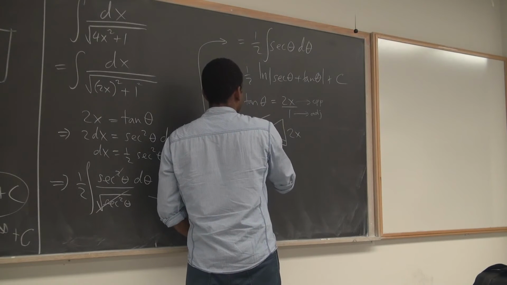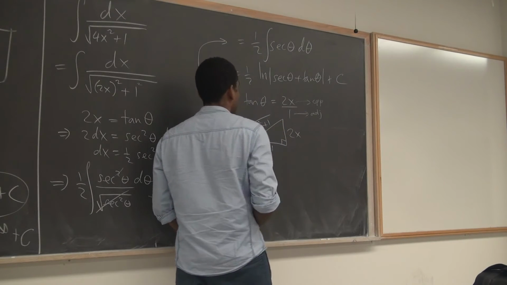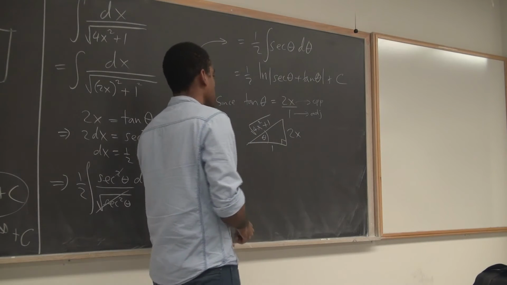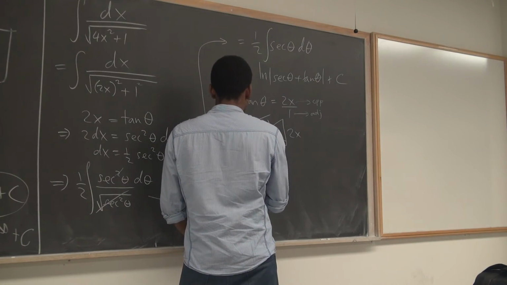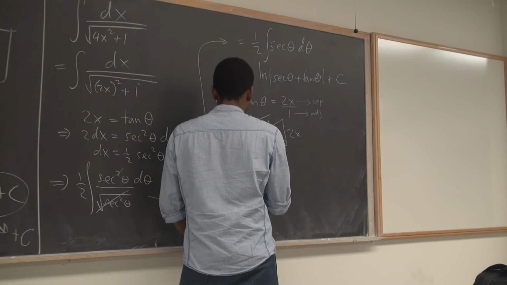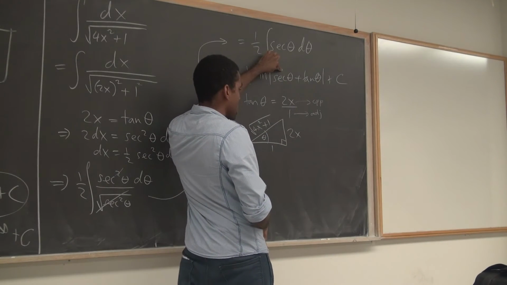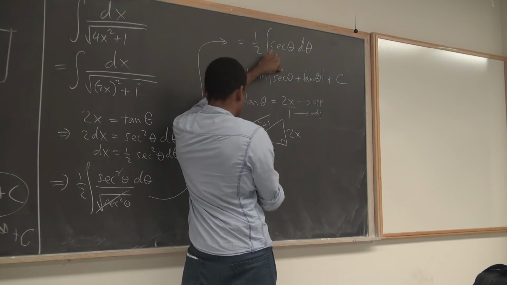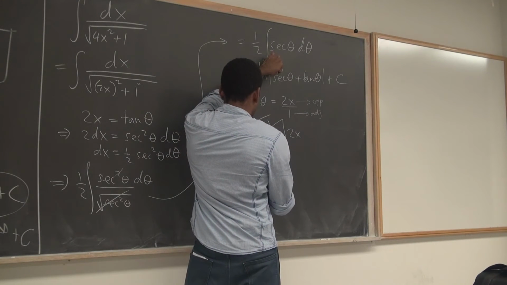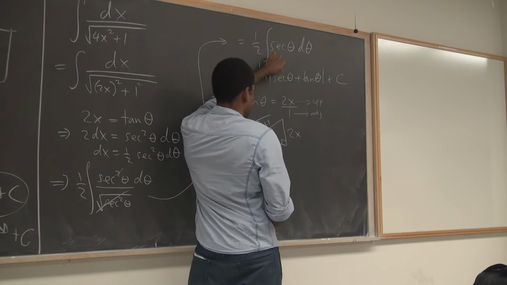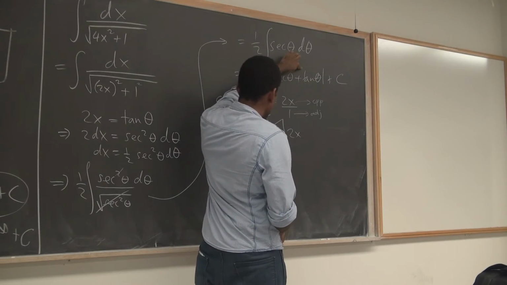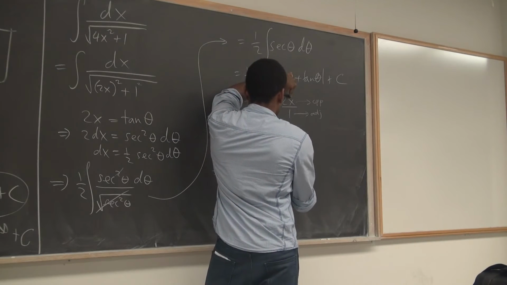This guy would therefore be the radical of 4x squared plus 1 by Pythagoras' theorem. So this gives us the answer. The secant theta would be hypotenuse over adjacent. And then the tangent would just be 2x.